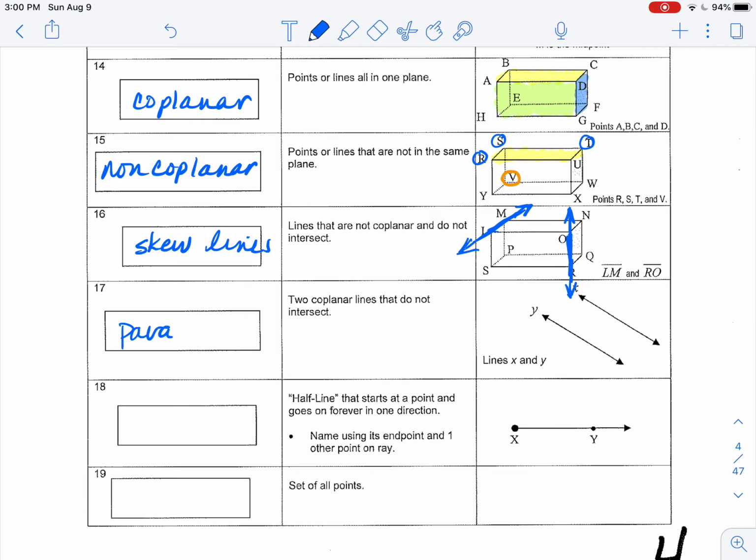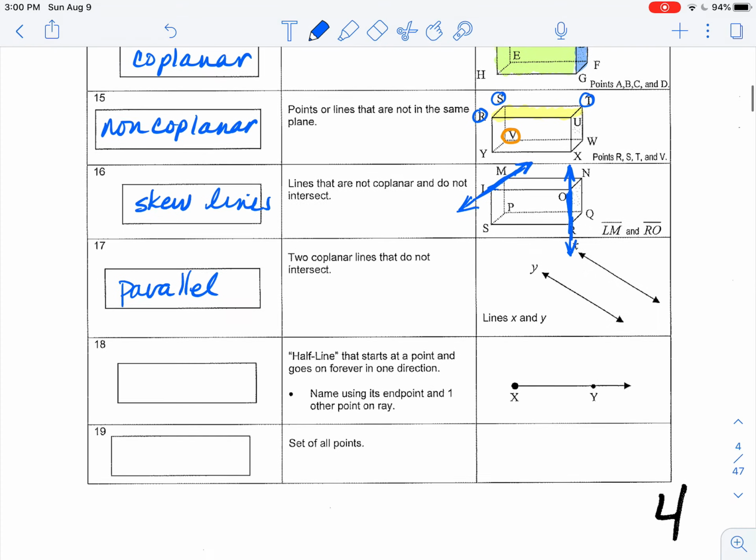These are parallel lines. Lines X and Y are parallel lines. These are lines that are never going to intersect.